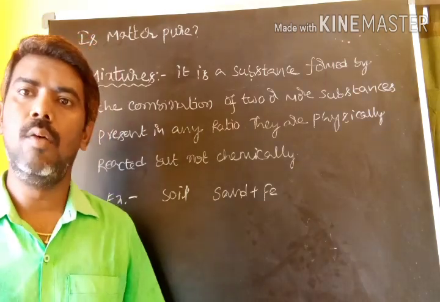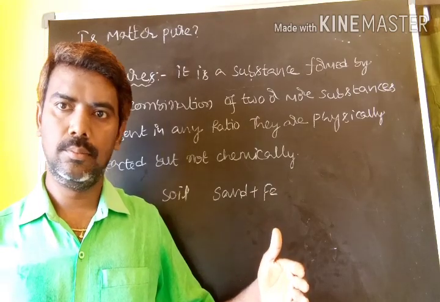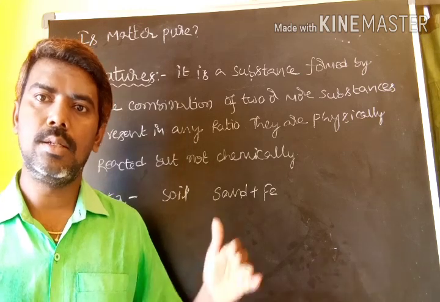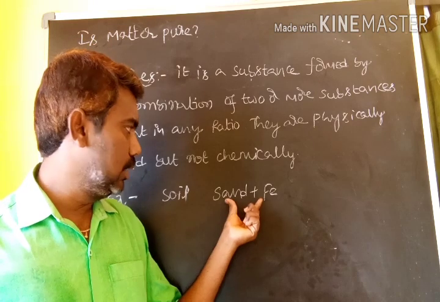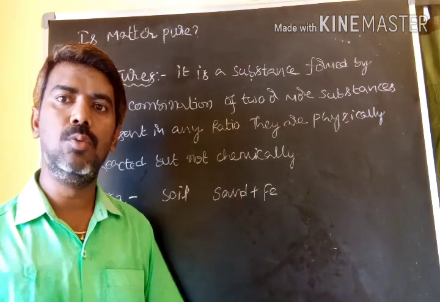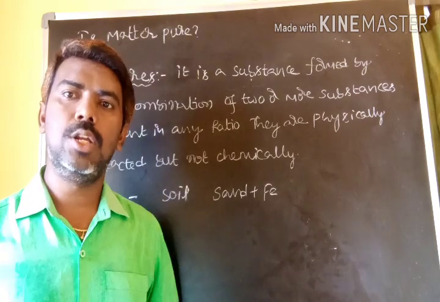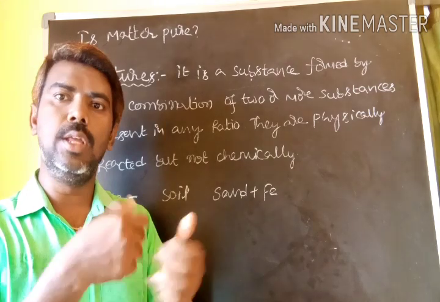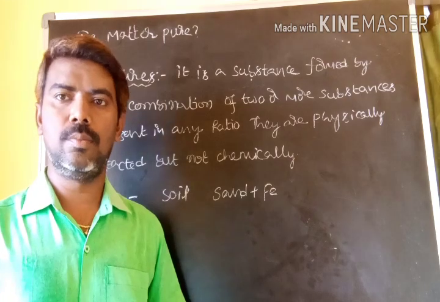Iron is individually attracted by a magnet, and sand is insoluble in water. Before mixing, individually, iron has the property of being attracted by a magnet and sand is insoluble in water. Then both the iron particles and sand particles are crushed with the help of a machine or device, or by using force.